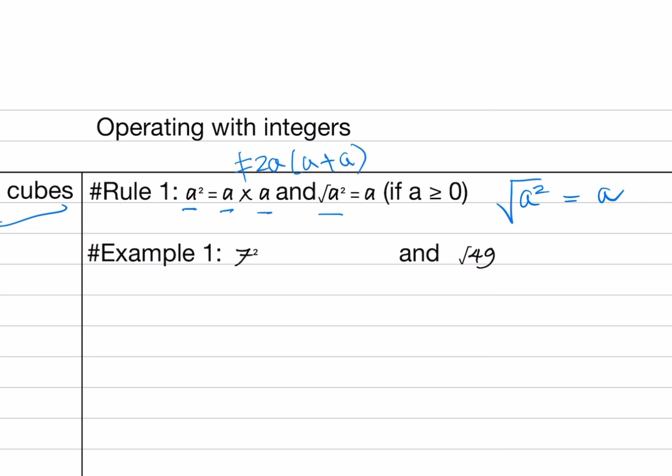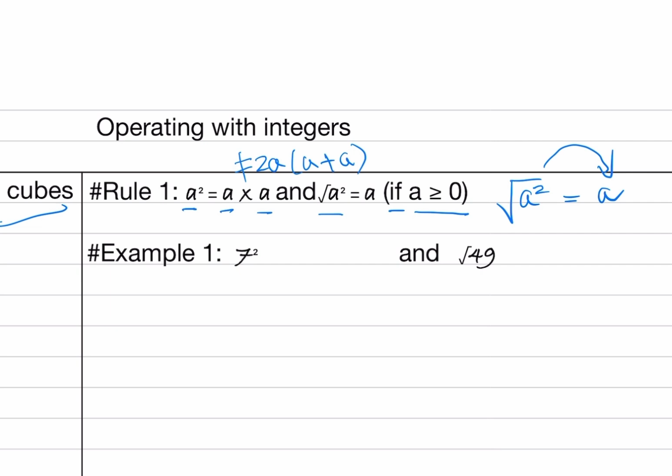We will learn more about how this becomes a in later videos, but in this one, I'm just showing you the rule. And this is if a is greater than or equal to 0.